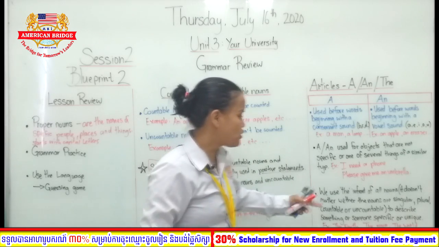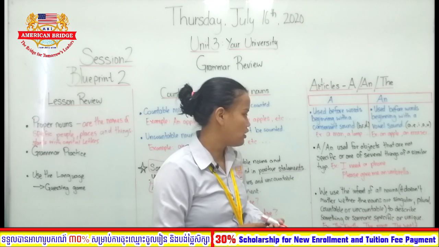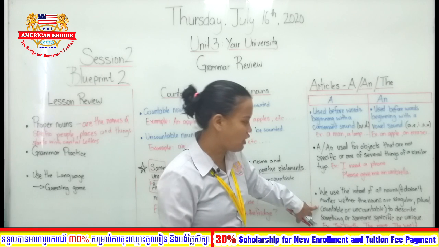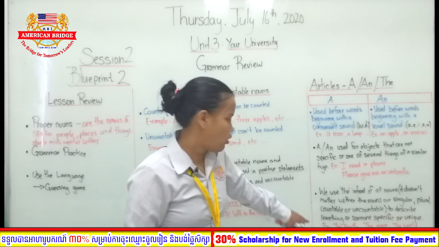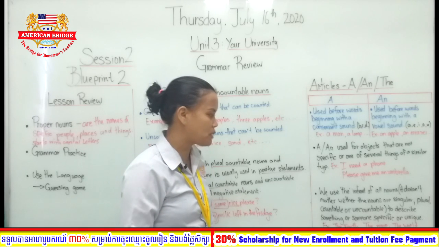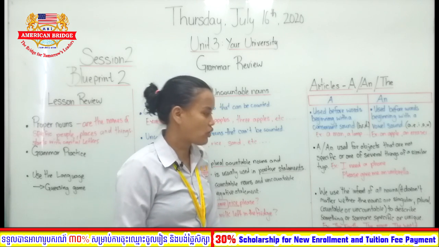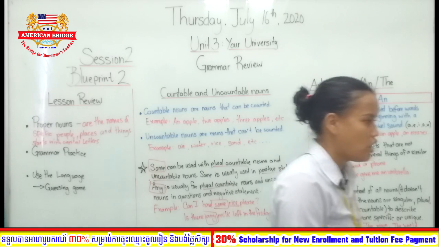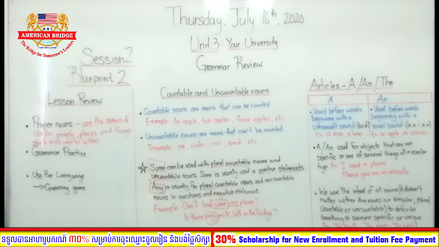All right, we use "the" in front of nouns, of all nouns, sorry. It doesn't matter whether the nouns are singular, plural, countable, or uncountable. We use it to describe something or someone specific or unique. So we use "the" table, the chair, the door, the whiteboard, the earth, the moon, the world, the president, the CEO, the school, the window.